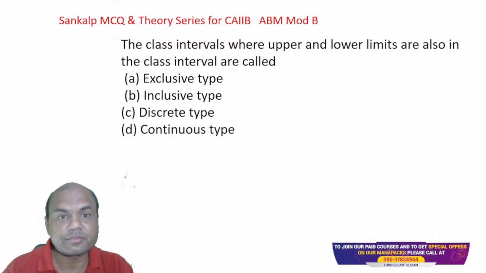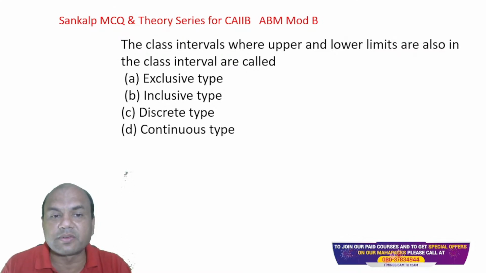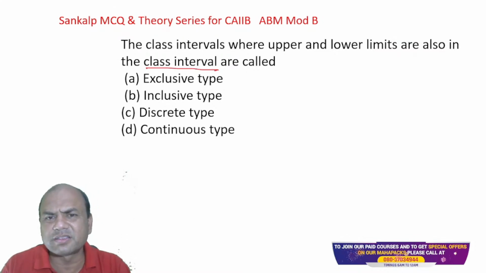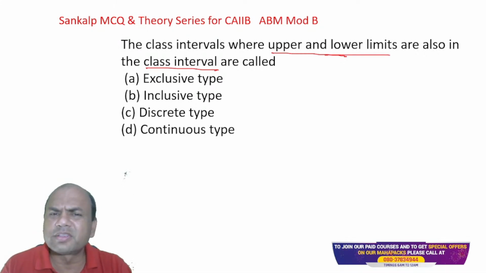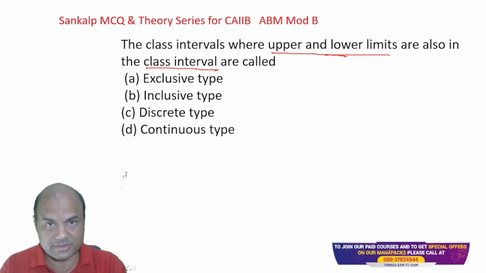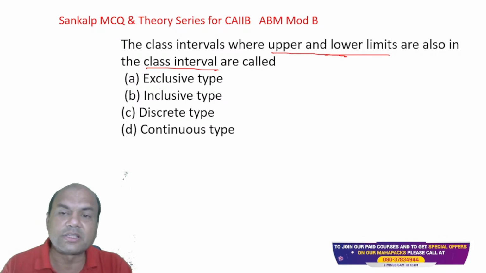Okay. The class where the upper and the lower limits are also in the class interval is called as what? Have we done this? No, I was explaining it to you at that time. So this is the same question which we have done. Upper and the lower limits are also in the class interval. So it is called exclusive, inclusive, discrete, or continuous. Which is this?